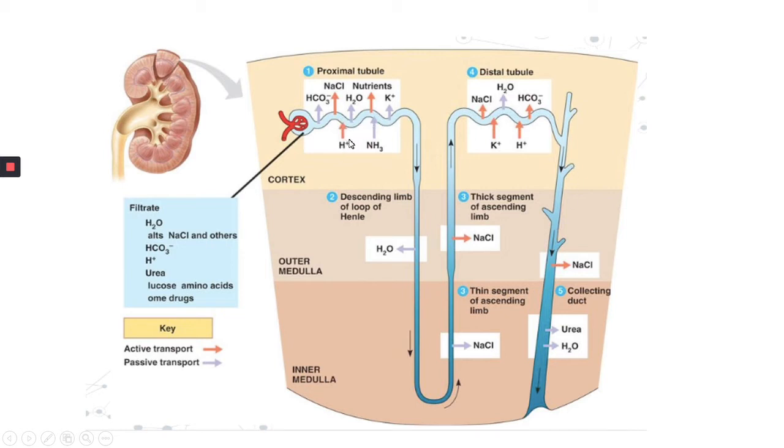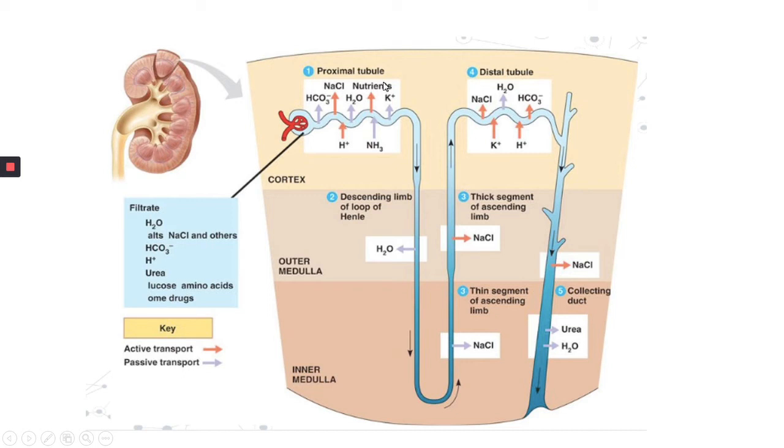Here, if you observe the reabsorption in these two parts, nutrients, K plus, H2O, NaCl and bicarbonates are reabsorbed. This is very important for our body. That's why it is called mandatory reabsorption, because nutrients like glucose and amino acids are present.